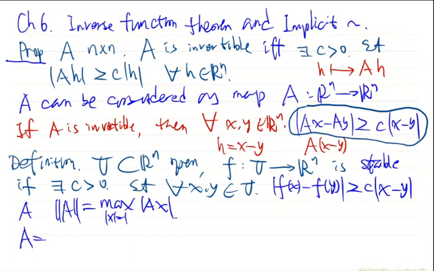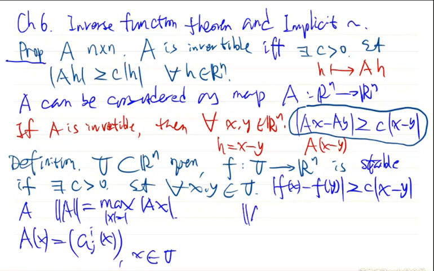That is, all the entries of the matrix are functions of X, with X in some open set. So the norm of the matrix also depends on X. Therefore, we obtain a function. The value of this function at the point X in U is the norm of the matrix A(X). We denote this function by psi.